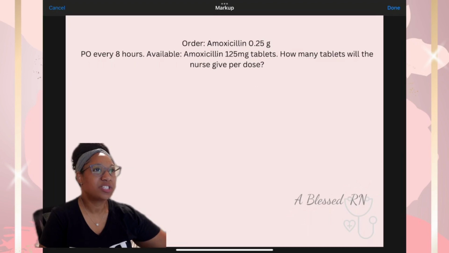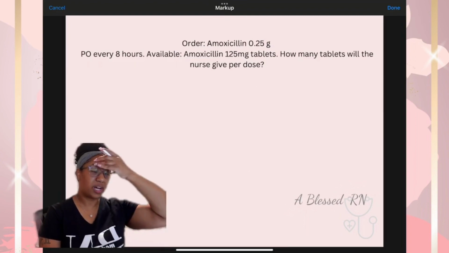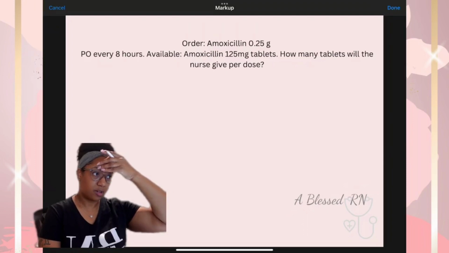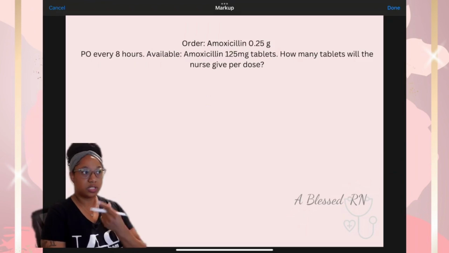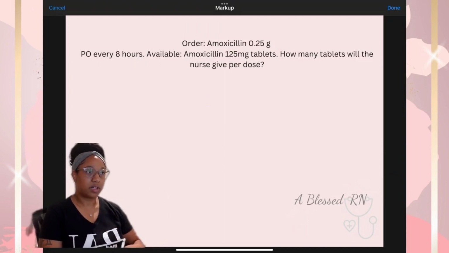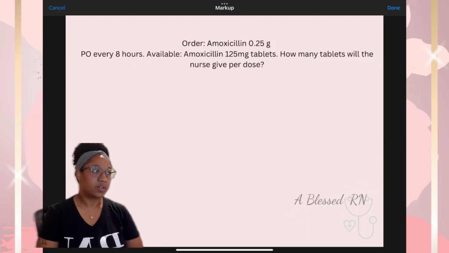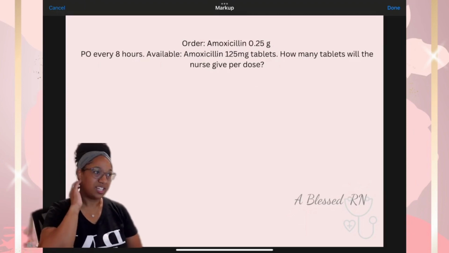No ratio and proportion. No desired over half, people. We're doing strictly dimensional analysis. I don't mind. Y'all just let me know. Do we need to do it all 3 ways, or are we doing just, okay, desired over half. Okay, desired over half. All right. So I'm the only ratio person.